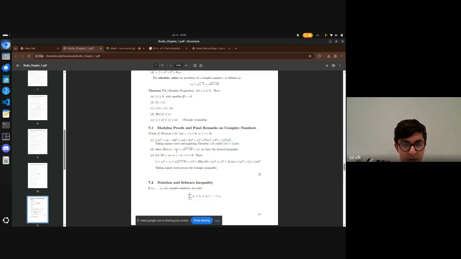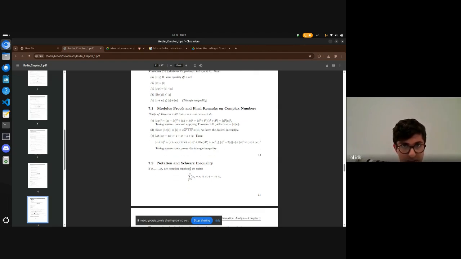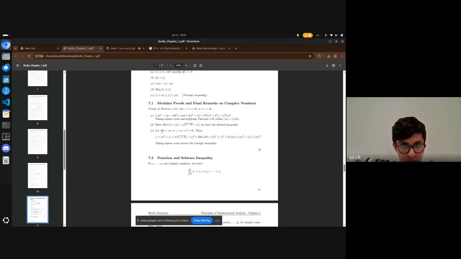Now the real part of z is basically just a, and the absolute value of a is less than or equal to the square root of a squared plus b squared, and we have the desired inequality. Let z and w be complex, then |z plus w| is less than or equal to |z| plus |w|, and we get this over here, which equates to this.